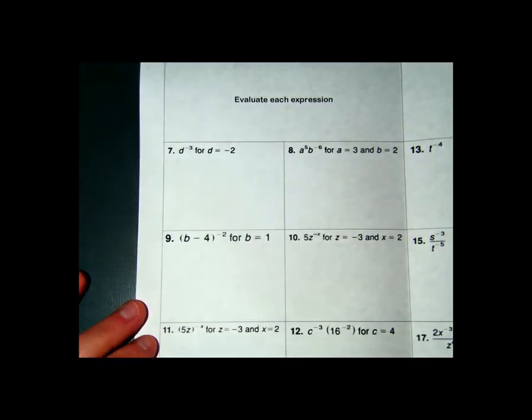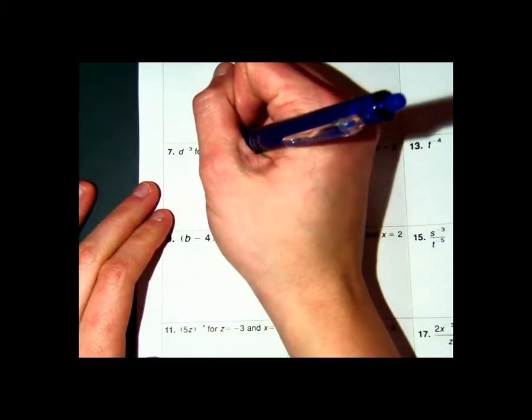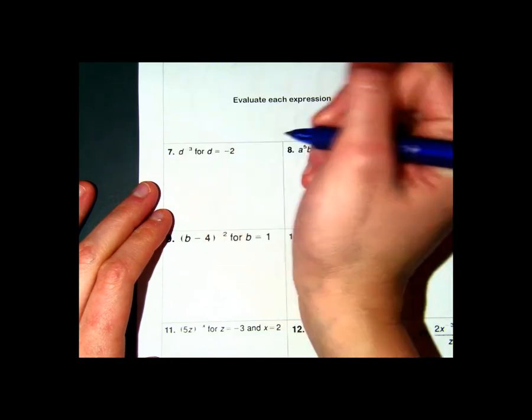So 7 through 12 is talking about evaluating, meaning I'm going to plug the number in. I am going to go ahead and plug the number in at the end, after I have simplified and gotten rid of my negative exponents. So I have d to the negative 3rd.